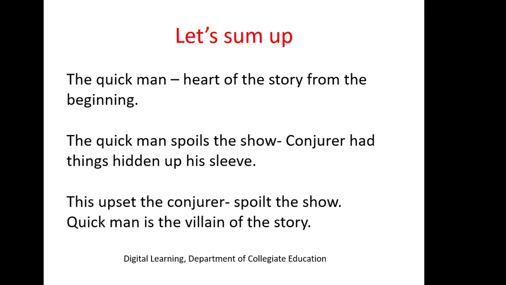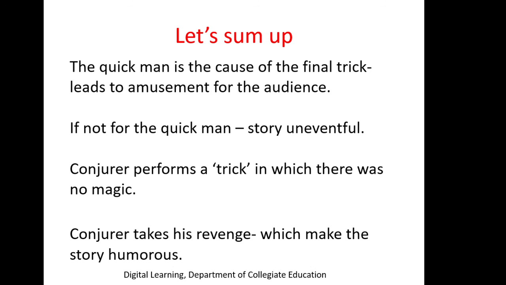This upsets the conjurer, because his show has been spoiled by the quick man, who is the villain of the story. And that is why he has his revenge even without letting the quick man understand that he is taking revenge.